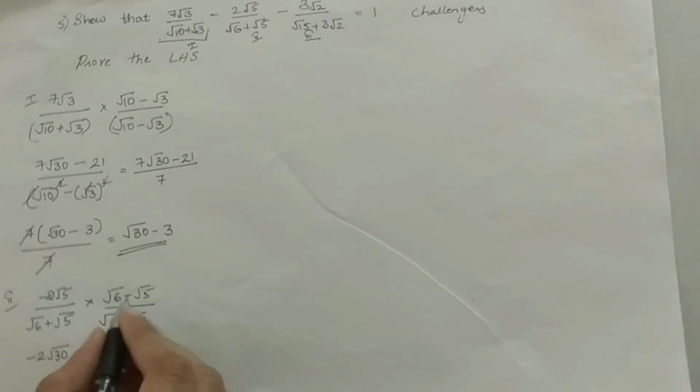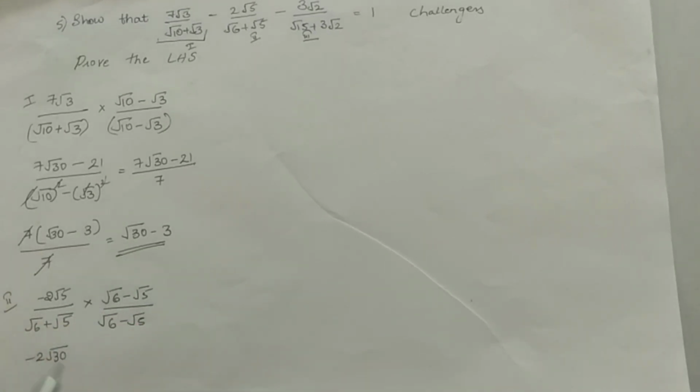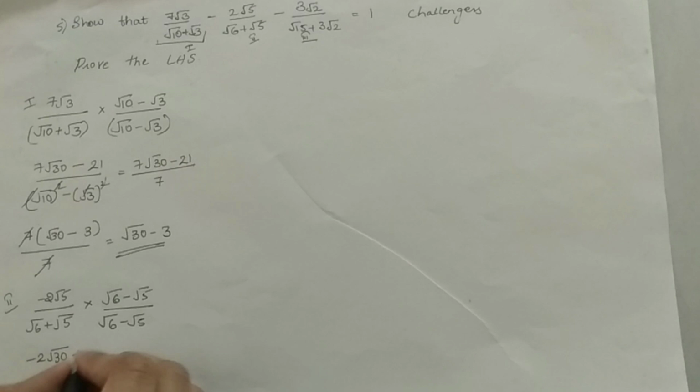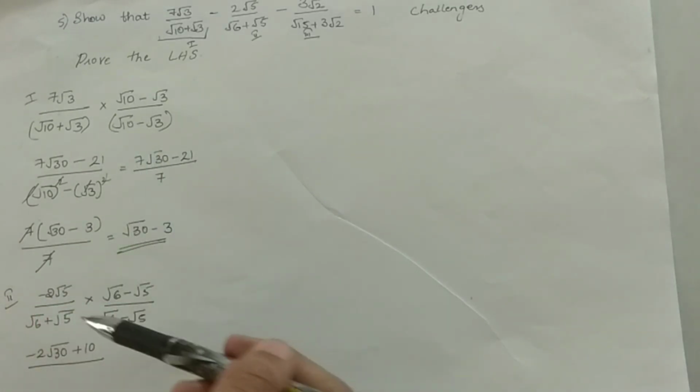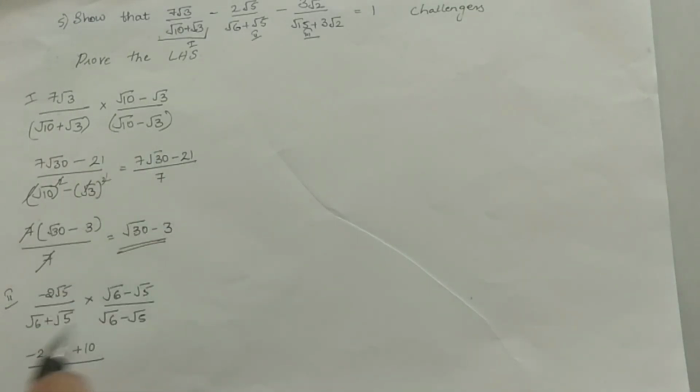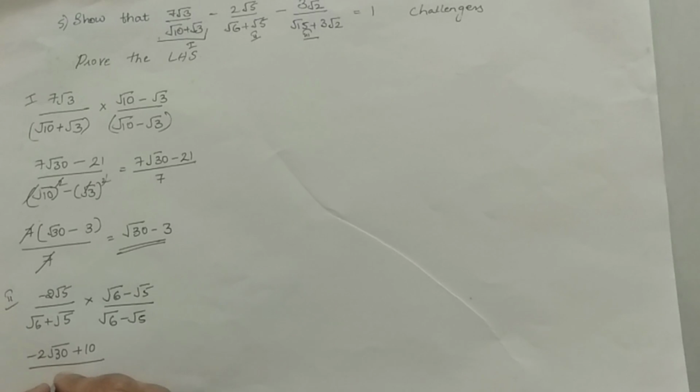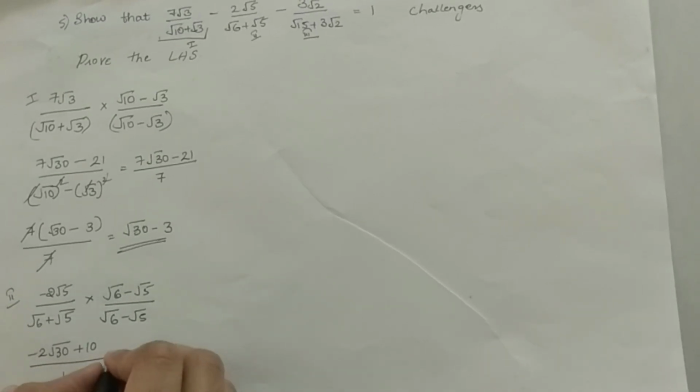Here both are minuses, so it will become plus 10, divided by the same a plus b into a minus b applied here. 6 minus 5, how much is it? 1. So this will be as it is.